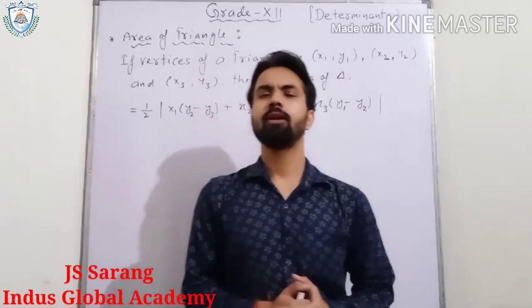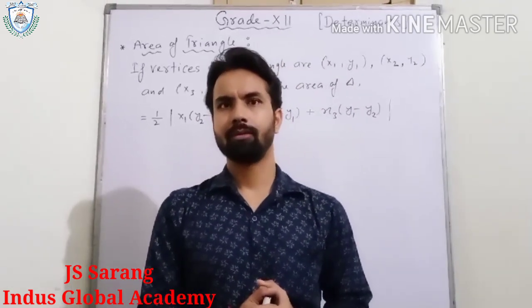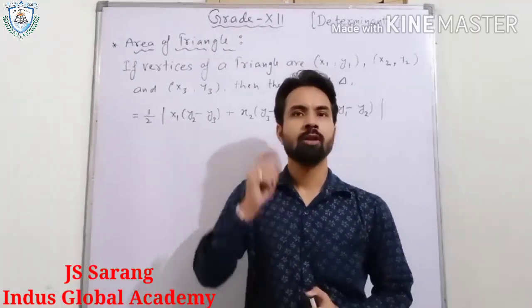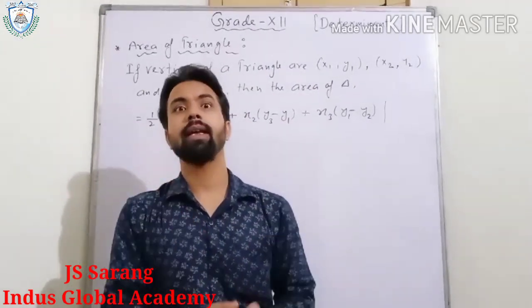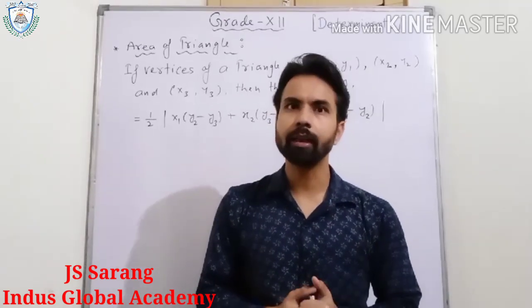So students, today we will discuss the area of a triangle. You have studied in the previous class how to find the area of a triangle if all the vertices are given.